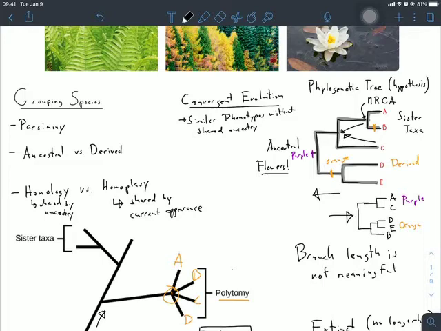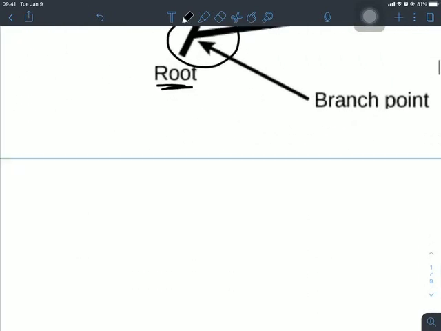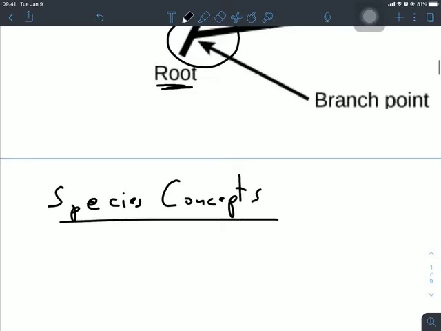We also today want to discuss some of our species concepts, because it can be really tricky to try to identify what makes two different plants members of the same versus members of different species.